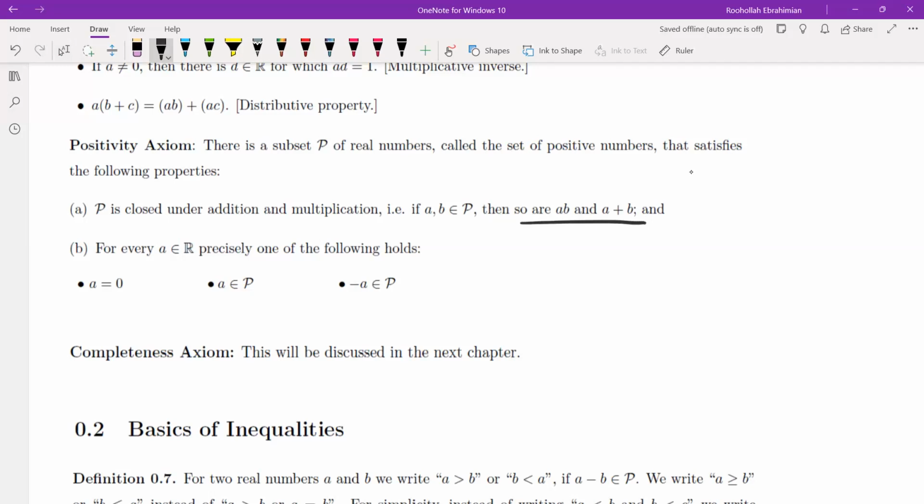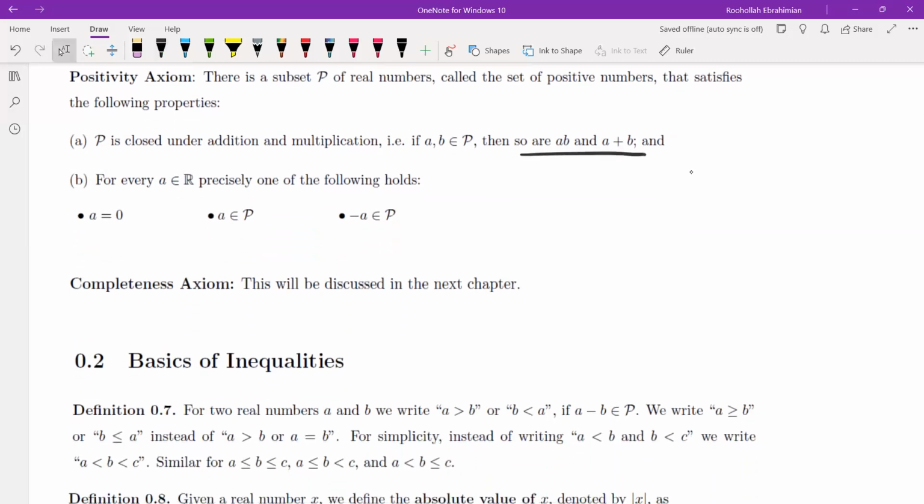In other words, if you take two numbers A and B in P, then AB and A plus B are both in P. The next property of the positive numbers is that for every real number A, either A is 0, or A is positive, or negative A is positive.